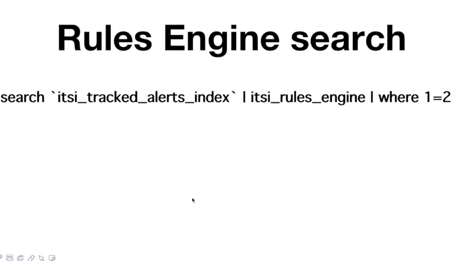So the ITSI rule engine search is a component that groups notable events into episodes based on the filter criteria you define in the aggregation policy, and the search runs with a time range. Earliest is equal to RT, and latest is equal to RT.